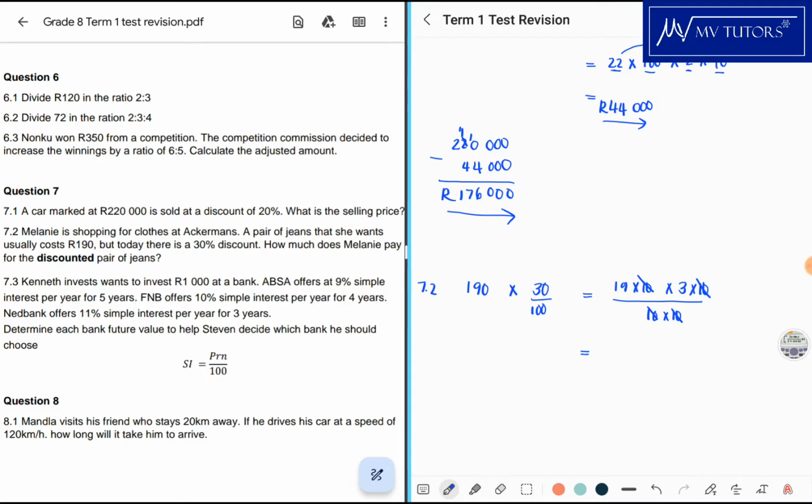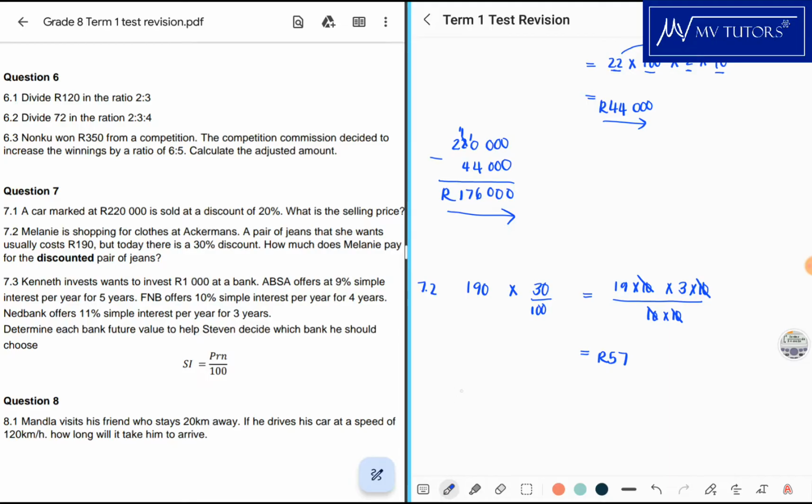Now I have 19 times 3. What is 19 times 3? 9 times 3 is 27. 1 times 3 is 3, plus 2 is 5. So basically, I have 57 Rand there. All right. That is the discount that she got. All right. But now they want to know how much Melanie will pay for the discounted pair of jeans.